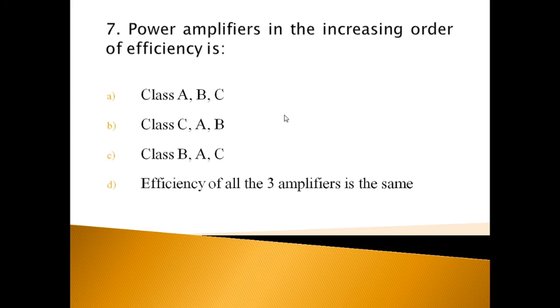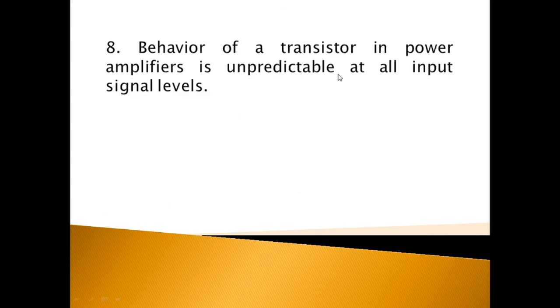So for increasing order, the answer is option A. Now the 8th question: the behavior of the transistor in the power amplifier is unpredictable at all input signal levels. The options are true and false. They have given that the transistor power amplifier's behavior is unpredictable for all inputs. It's not like that. It is predictable up to some range. So the answer is false.